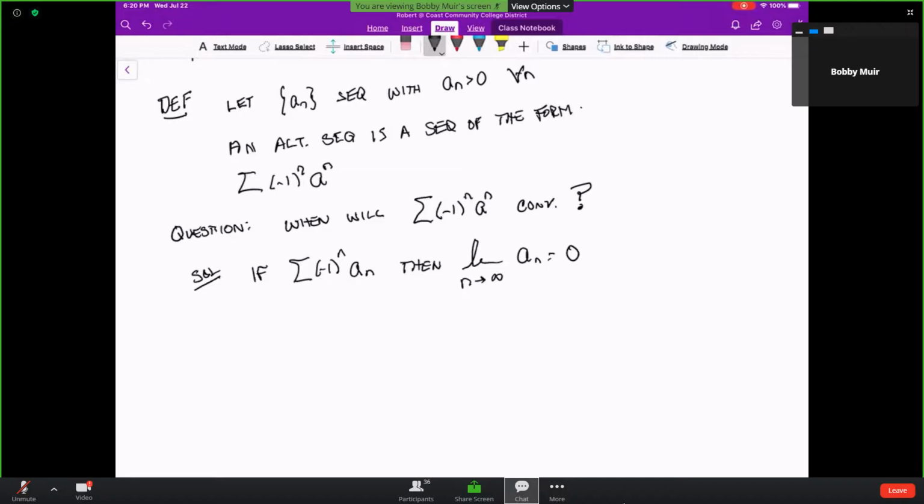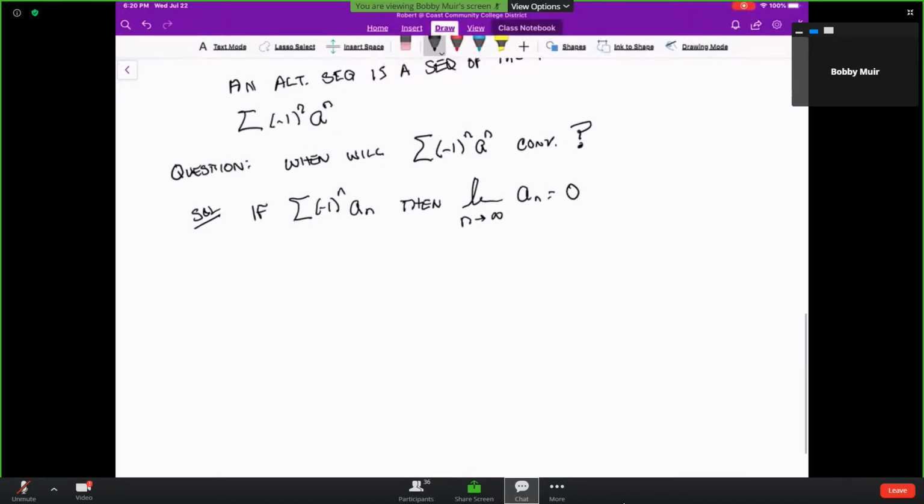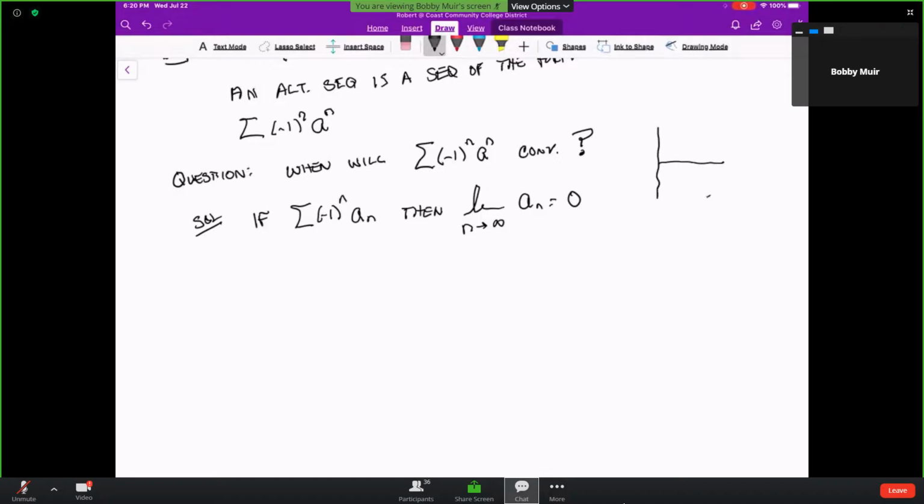All right. Now, if the limit is equal to 0, there's a couple ways something can go to 0. You could be doing something like a squished sine curve and really coming in.